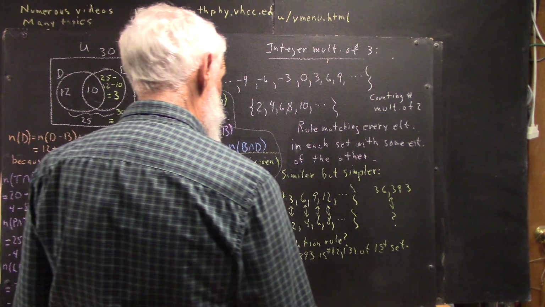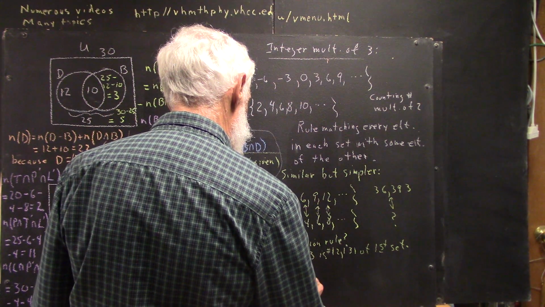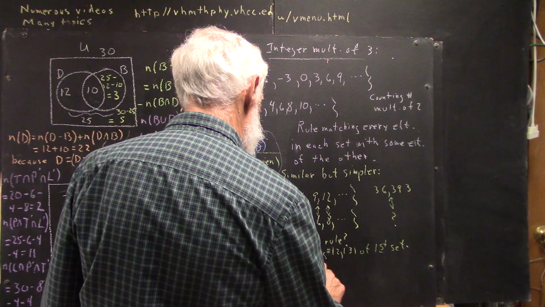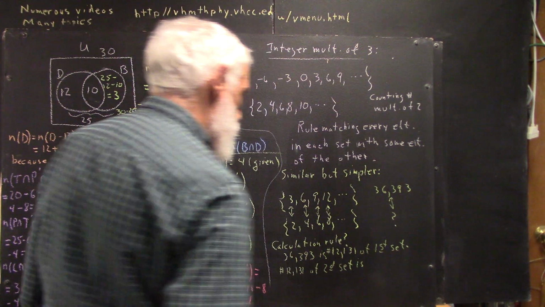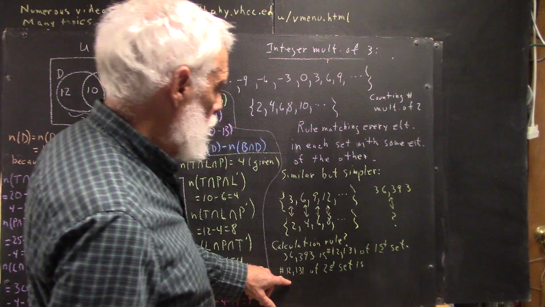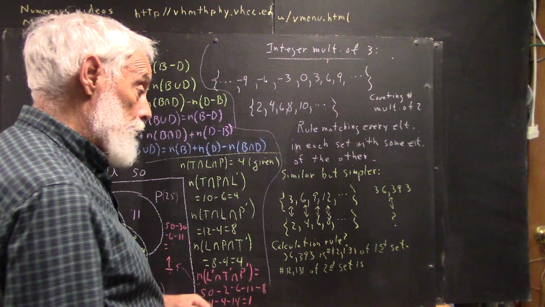And then down here, to get the 12,131st number in the second set, we multiply that by 2.